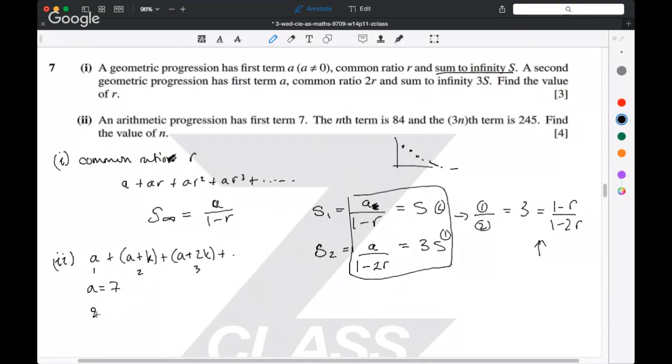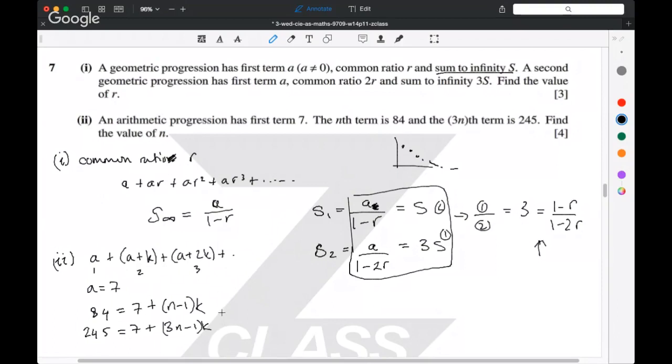So the nth term is 84, and this must be equal to A plus (n minus 1)k. And now they're saying that 245, which is the 3nth term, is going to be 7 plus (3n minus 1)k. So we have two formulae here, and we want to solve for n.